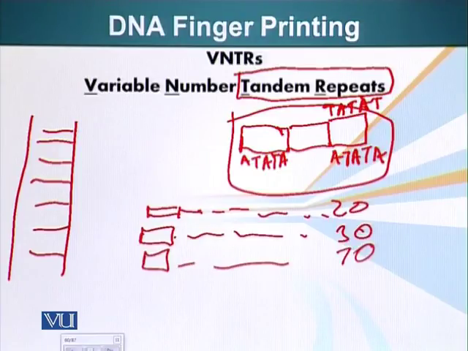When we run the PCR reaction, because these repeats have the constant sequence, they will hybridize the primer and produce bands which are variable in length. And when we run them on the gel, we have said the DNA moves according to the size. So the size of these DNA fragments will be different.